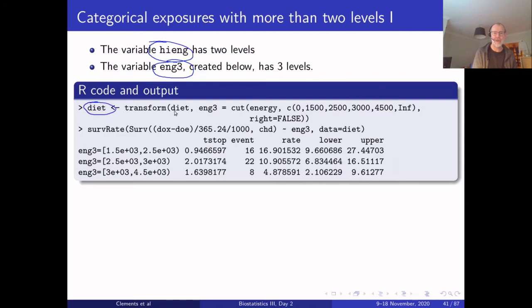So what we do is make a copy of the diet data, which comes from the Biostat 3 package, and this will be in the global frame. We transform the data frame.